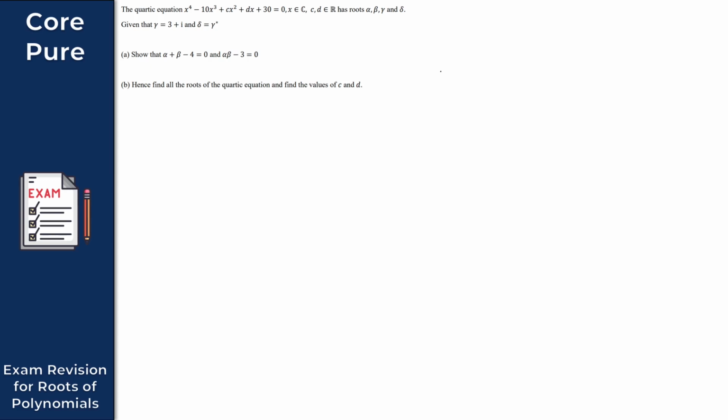So for part A, let's just make a note here that gamma is equal to 3 plus i. And for delta, delta is equal to 3 minus i. Now, what I know is that alpha plus beta plus gamma plus delta is equal to minus b over a.